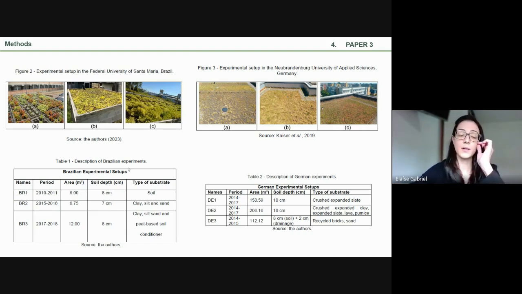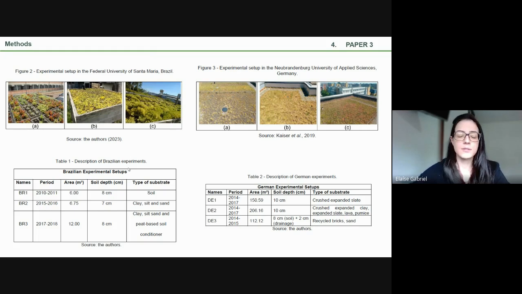BR3 was the largest green roof, with an area of 12 square meters, and comprised a layer of commercial geocomposite double membrane of 10 millimeters, over which a layer of gardening soil of 80 millimeters and sedum were added.